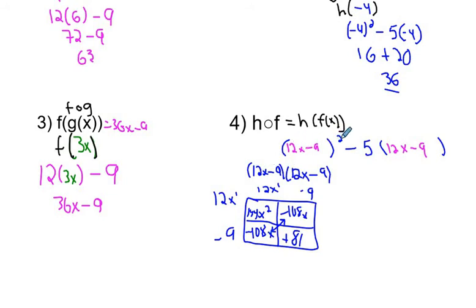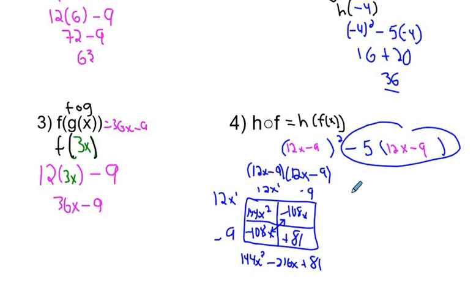So 12x minus 9 squared is 144x squared. My like terms are negative 108 and negative 108, which is negative 216x. And then plus 81. And a lot of students will accidentally think this is the answer, but we never did this part. So now we're going to multiply this together.